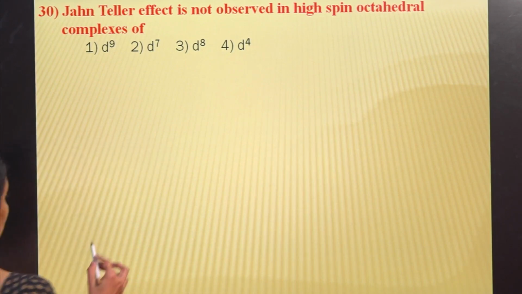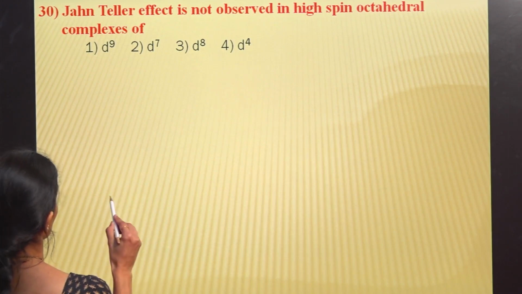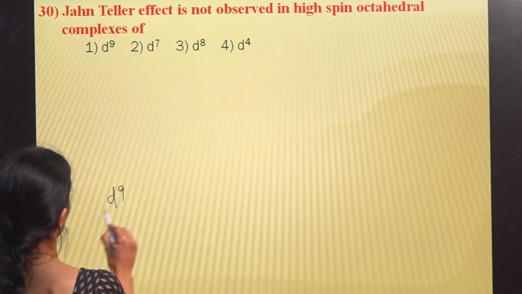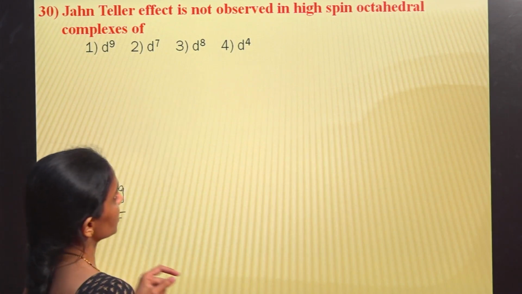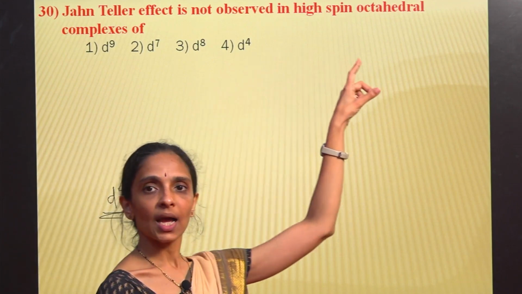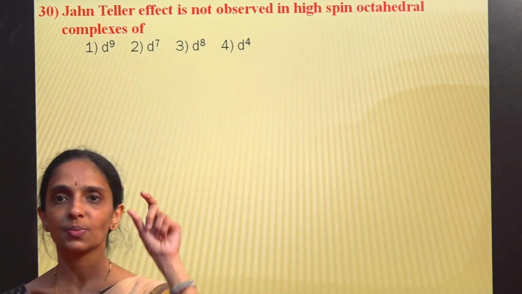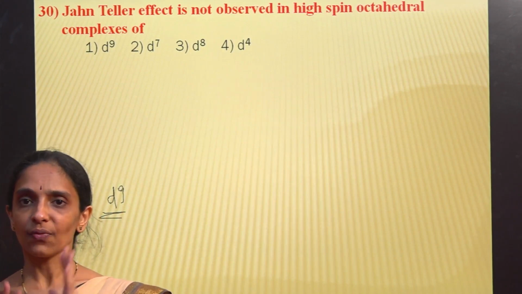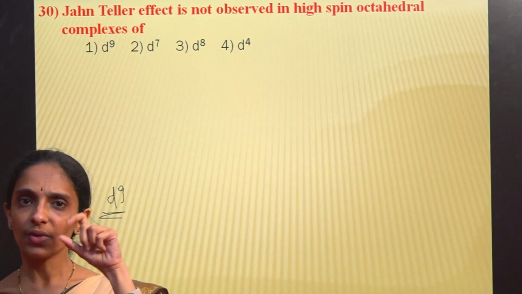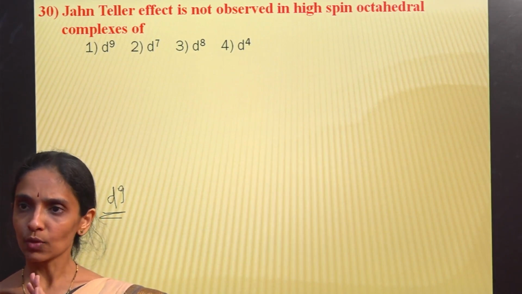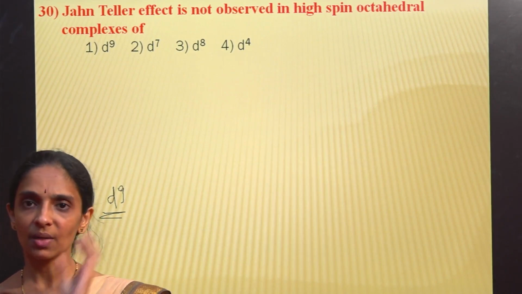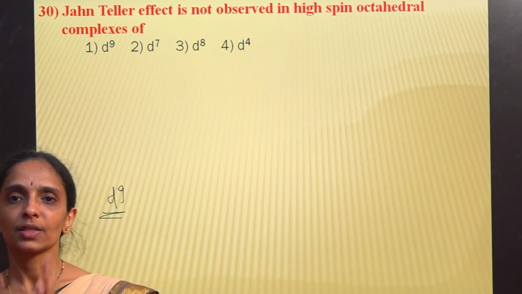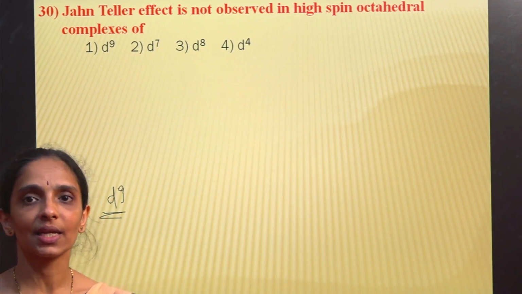Now, let's take up the D9 system. Because it is an octahedral complex and it is a high spin complex. What does high spin mean? Free spin. That is, the crystal field splitting is weak. Pairing does not happen; instead the electron spins prefer to stay free.